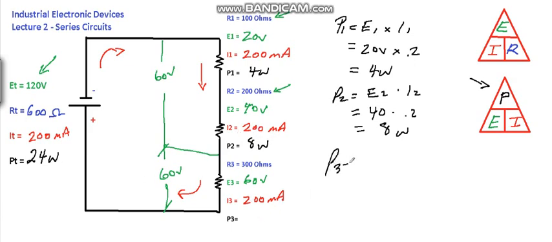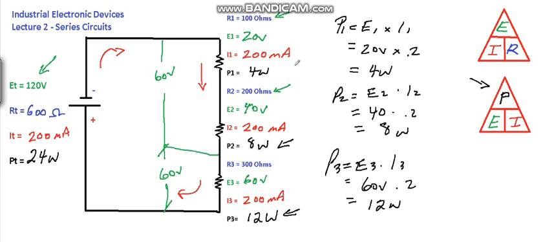P3 equals E3 times I3, so 60 volts times 0.2 gives me 12 watts. So I've got 12 plus the 8 is 20, plus the 4 is 24. That matches our 24 there.